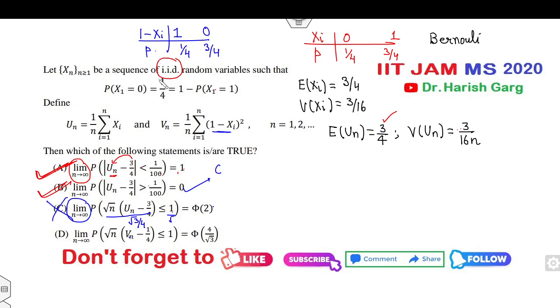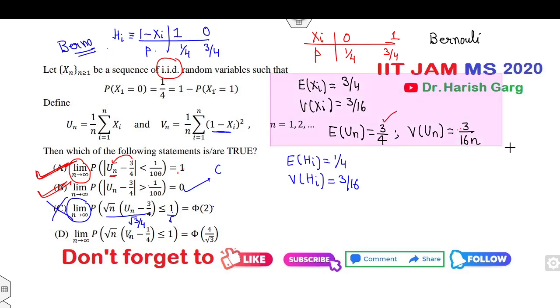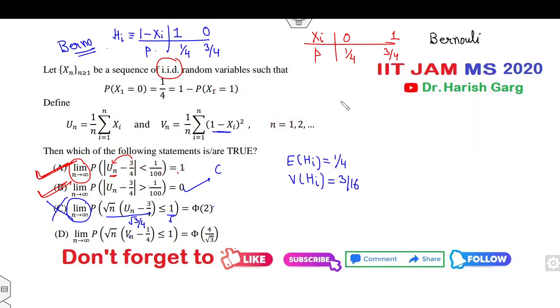So what is the mean of, if I consider this quantity as my Hi? The mean of Hi is 1 over 4. The variance of Hi is 3 over 16, because again it follows the Bernoulli distribution. Now, Vn is 1 over n times the sum of Hi. Can you find the mean of Vn?